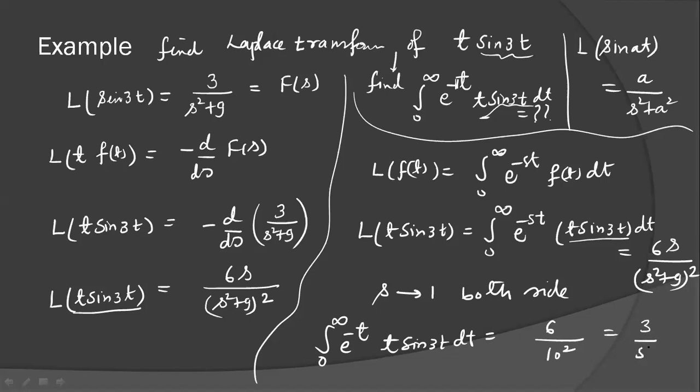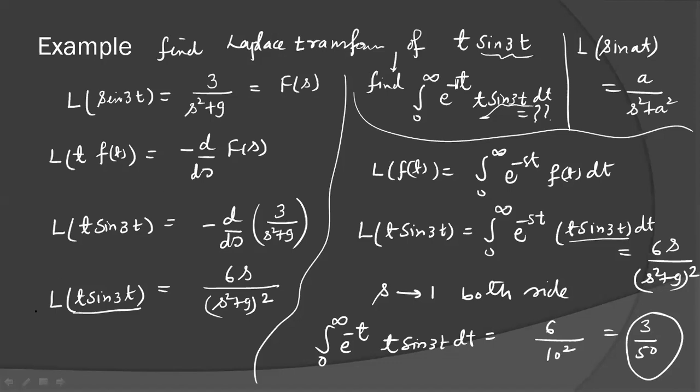So it will be 3 by 50. So the value of this integration will be 3 by 50. So for finding some very difficult improper integrals, Laplace transform will give you a good idea to evaluate those difficult integrals. We will discuss that in detail also in later classes.